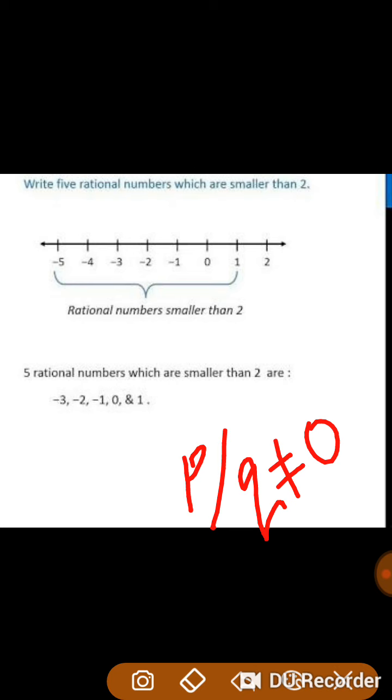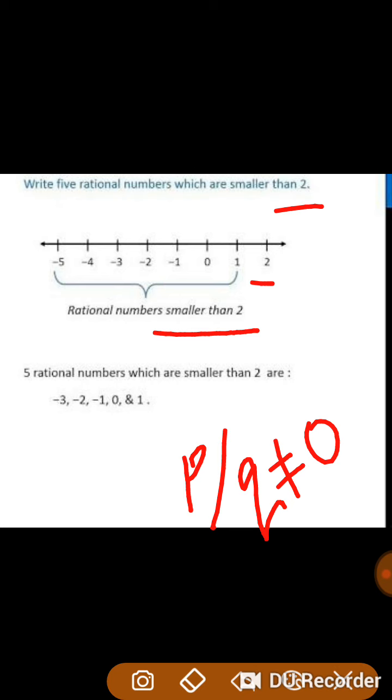So here in this question, where we have to write 5 rational numbers which are smaller than 2, we see the number line and we can see that before 2 the numbers which are written are 1, 0, -1, -2, -3, -4, -5 and so on. So all these numbers which are written to the left of 2 are smaller than 2.